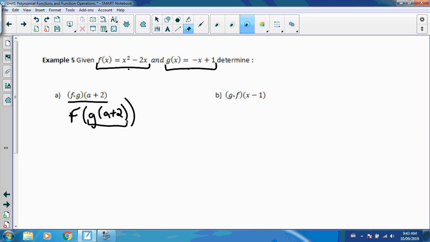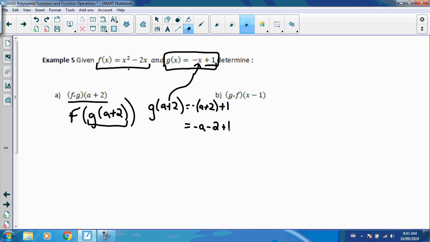So I'm going to start with this. What is the g of a plus 2? Well, it means I'm going to use the g function, and whenever I see this x, I'm going to put in a plus 2. So the g of a plus 2 would be negative a plus 2 plus 1. So that's negative a minus 2 plus 1, which is negative a minus 1.